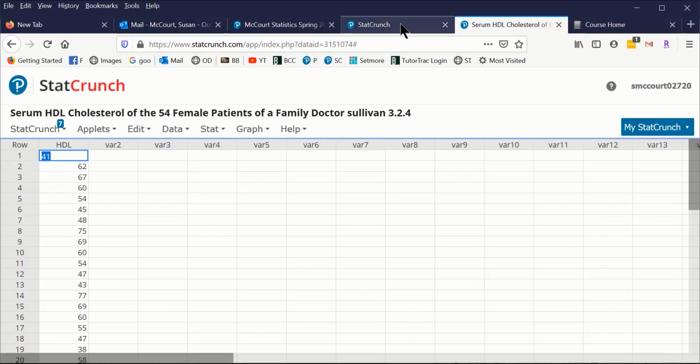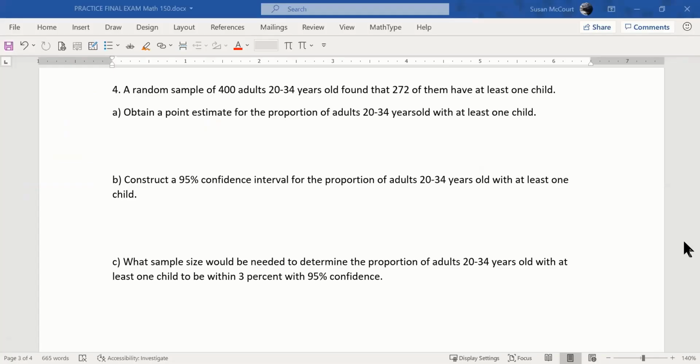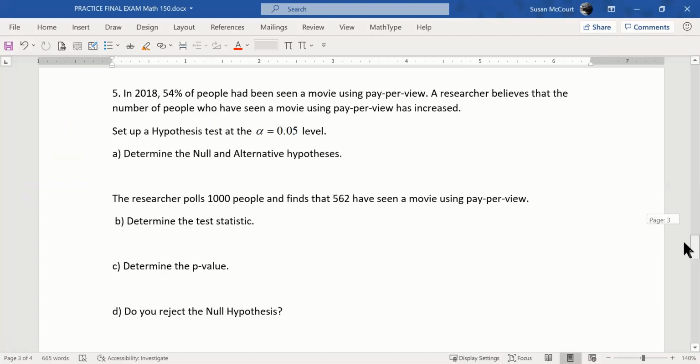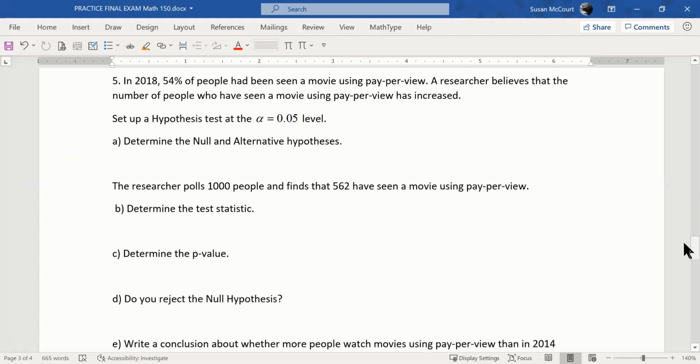All right, next. In 2018, 54% of people had seen a movie using pay-per-view. A researcher believes that the number of people who have seen a movie using pay-per-view has increased.